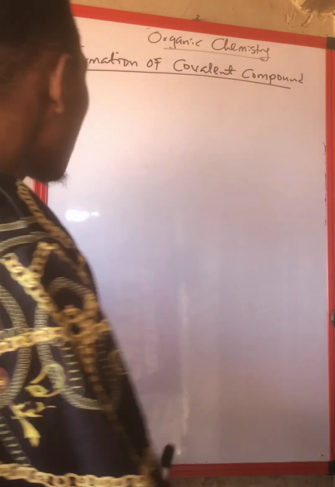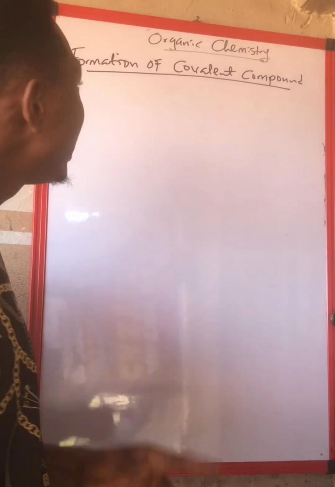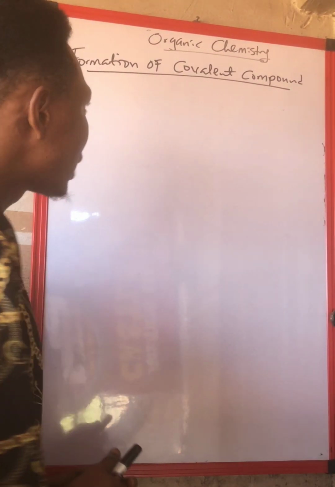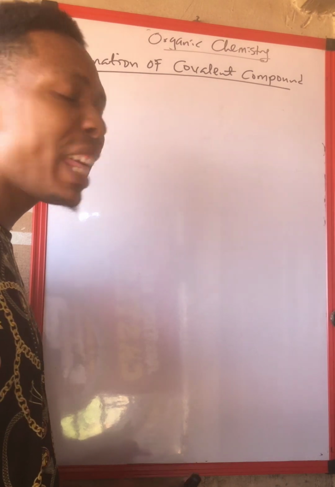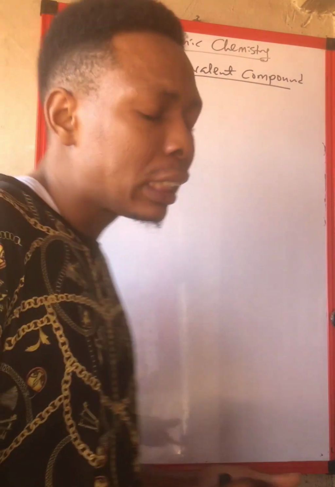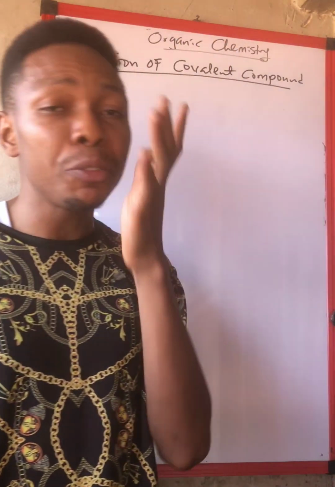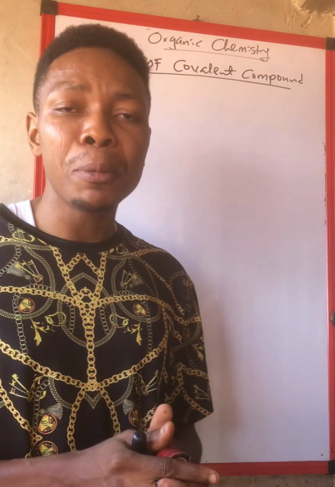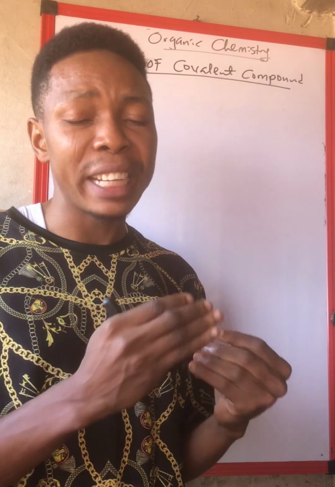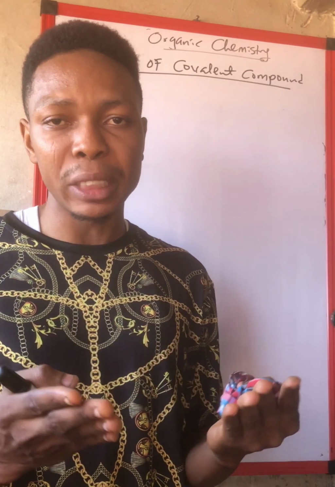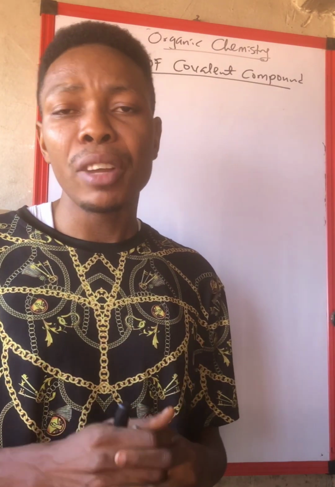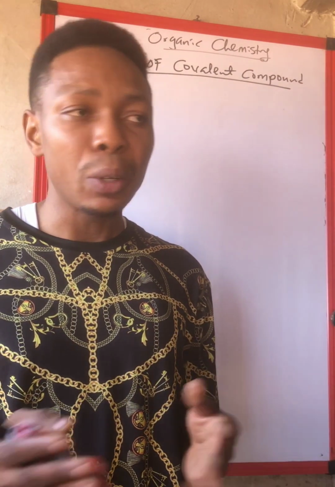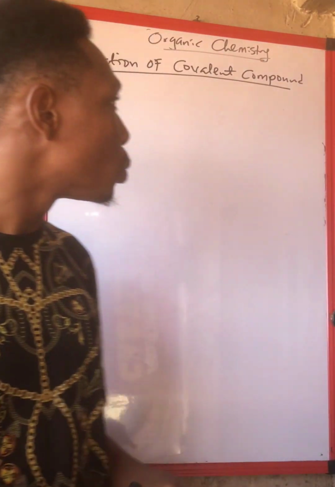Today we'll be discussing organic chemistry and the topic: formation of covalent compounds. The type of bond that occurs in organic compounds is mainly covalent bonding, and covalent bonding occurs between nonmetals.